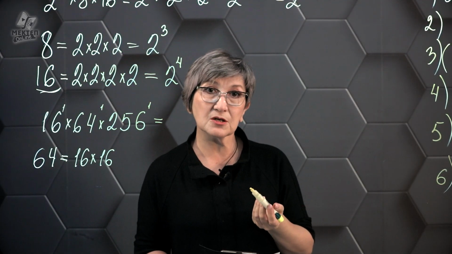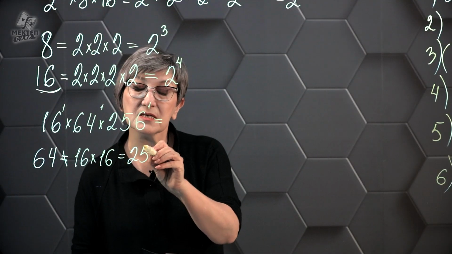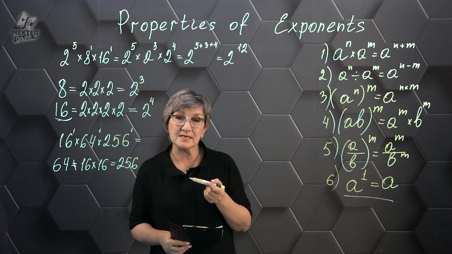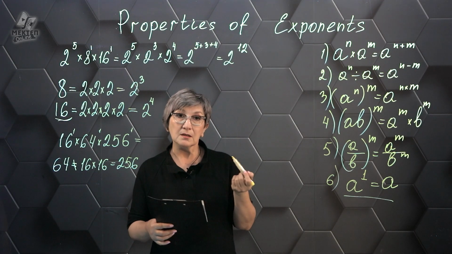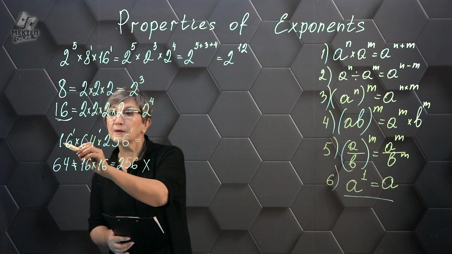But 16 times 16 is 256. That's not 64, it's 256. So you can't write 64 as 16 to some degree. Then there's another way. The wrong way was this one.